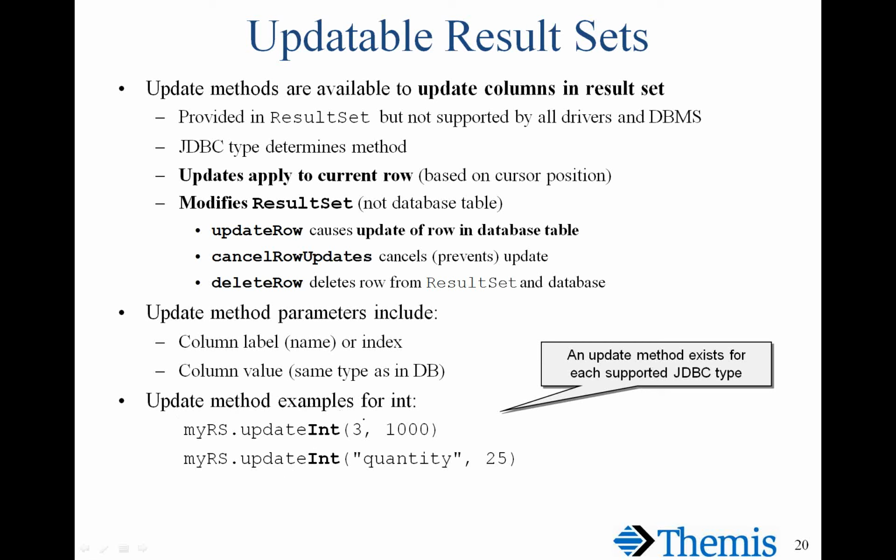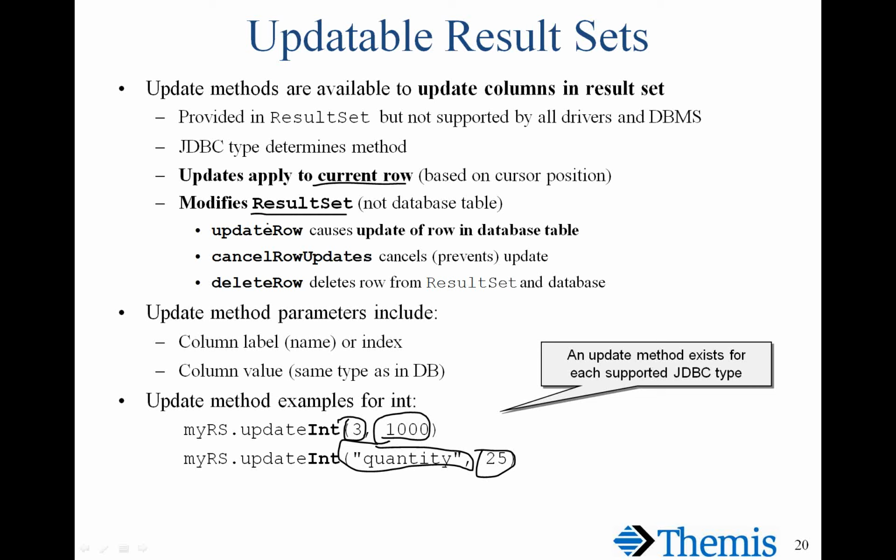The update methods also similarly support using the column position or the column name to determine which column needs to be updated, and then the second argument provides the value that you want to place into that column. Now these update methods, again, there are dozens of them. These update methods only update the result set, not the actual row in the database.